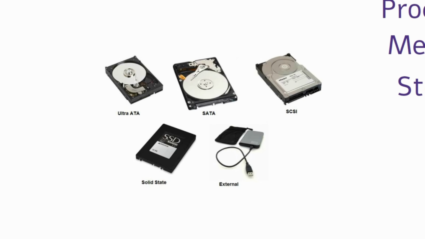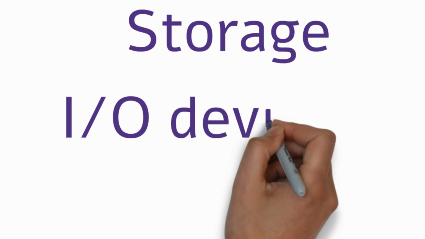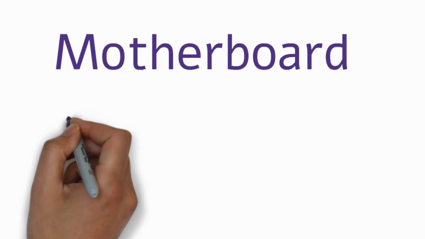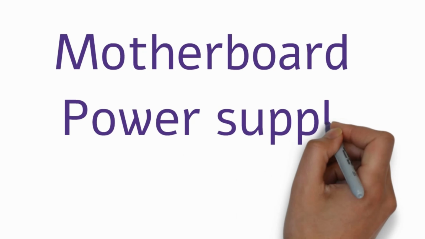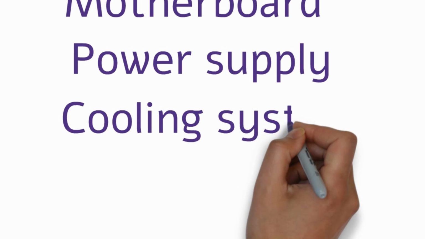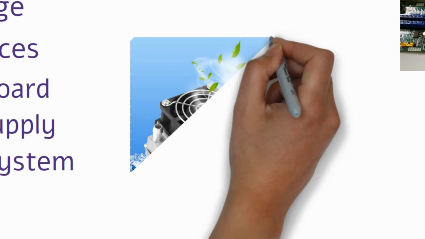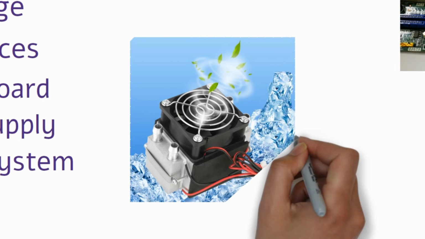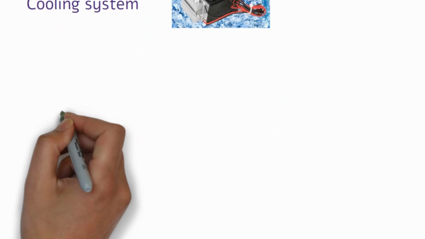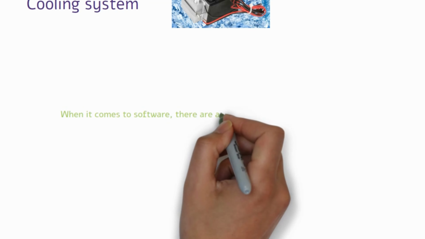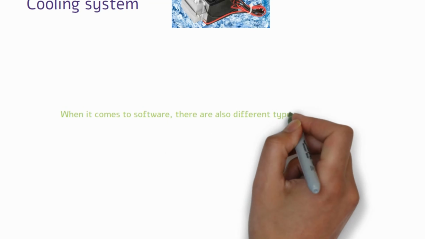I/O devices: keyboard, mouse, monitor, printer, scanner, etc., that allow users to interact with the computer and receive information from it. Motherboard, a printed circuit board that connects all of the hardware components together. Power supply, a device that provides power to the hardware components. Cooling system, a device that helps to dissipate heat generated by the hardware components.